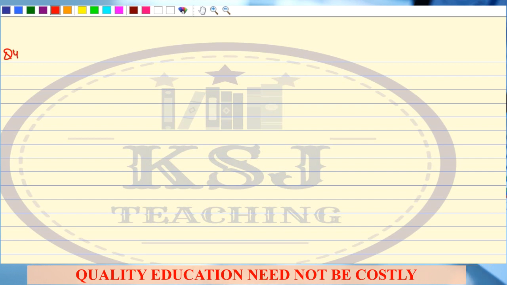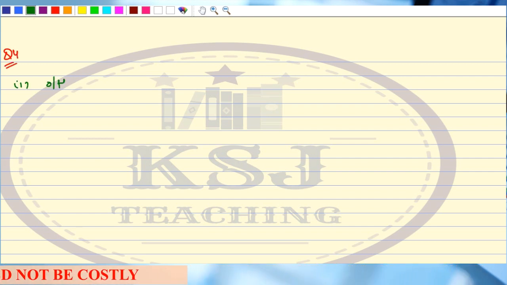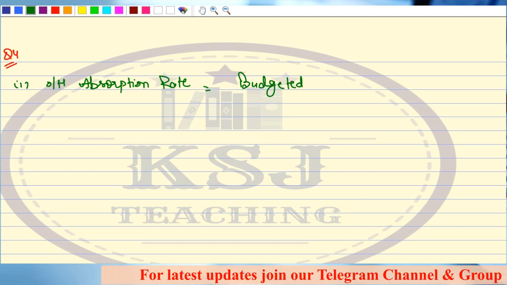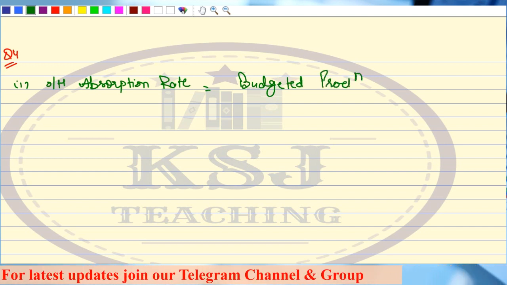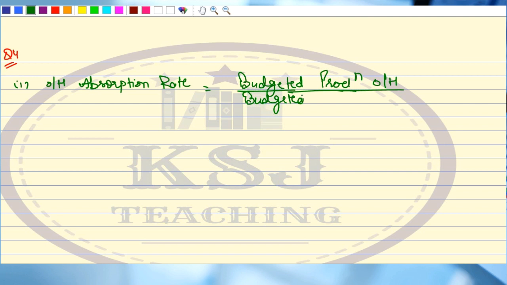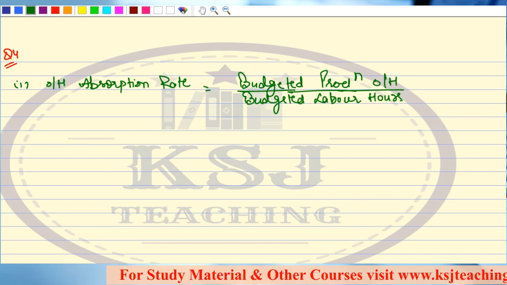Question number 4. So the first thing that you need to calculate is the overhead absorption rate, right? That is budgeted production overheads divided by budgeted labor hours, because the question is specifically given that the absorption is to take place on the basis of total labor hours.